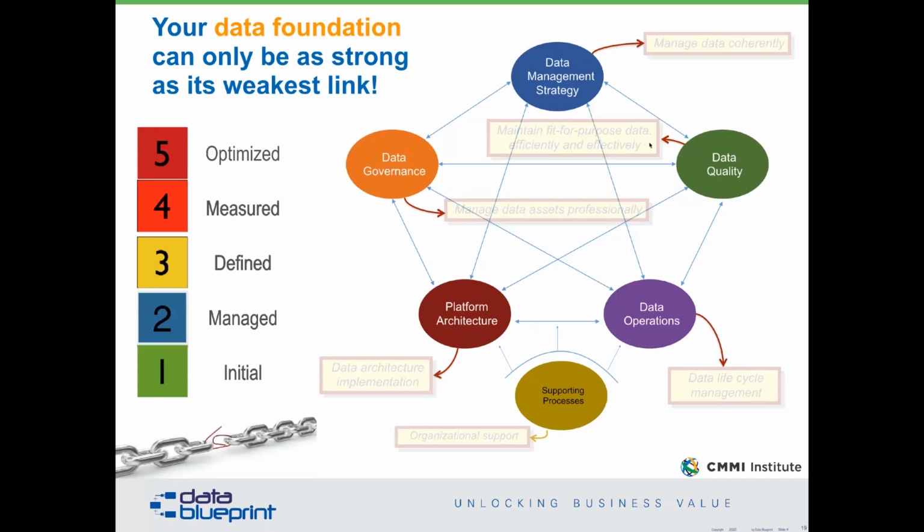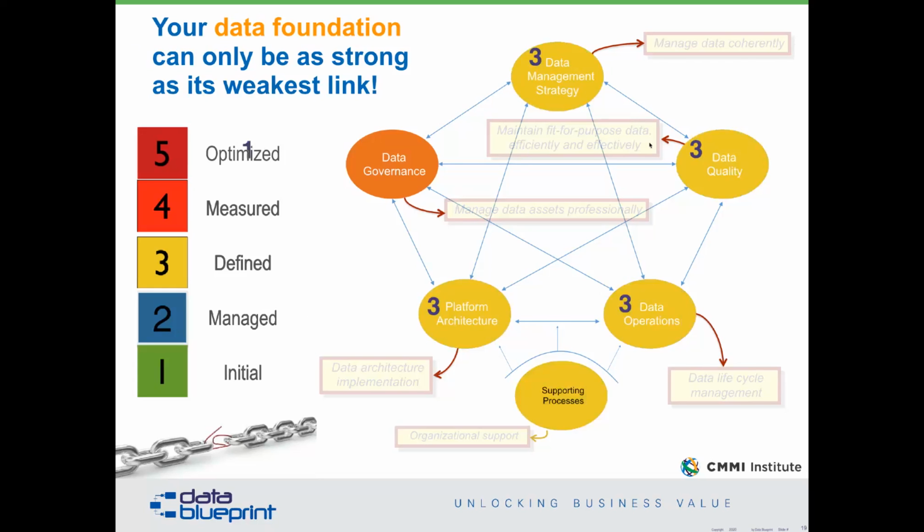But let's take this and make it a little bit even more concrete here. So we can measure each of these 5 areas. And in this example here, I'm going to put out that the data management strategy, the data quality, the data operations, the data platform, and architecture are all being done at a level 3, which you can already see from the information I've given you is much higher than average in these organizations.